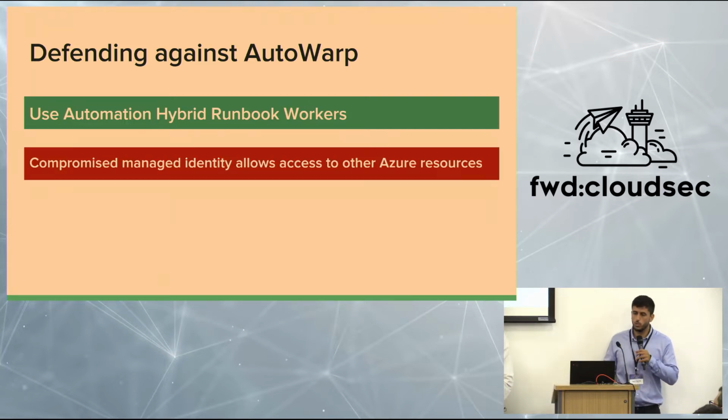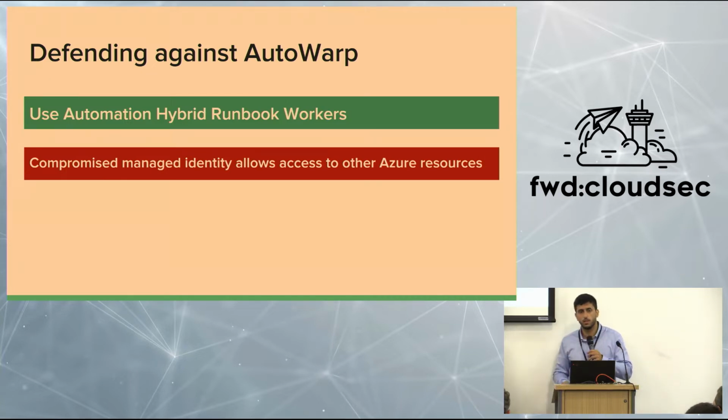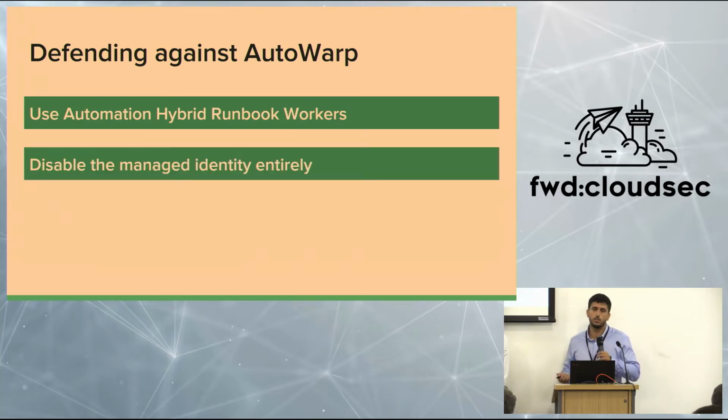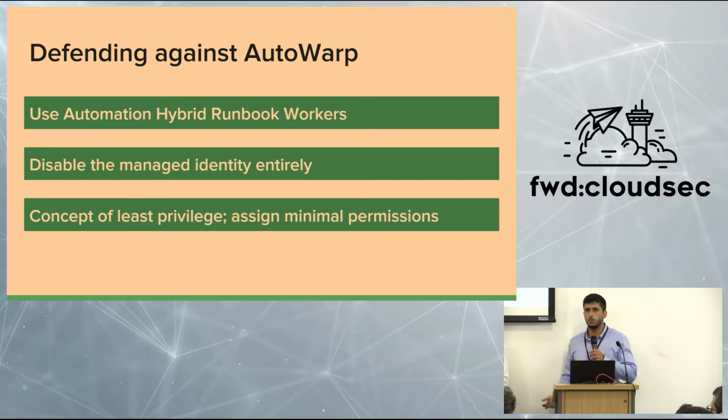The next problem, which is actually a feature, is that managed identities allow access to other Azure resources. But when you think about it, if you don't need the managed identity, you can simply disable it. If you disable that, I will not be able to receive any token for your account, and this will not be a problem. But if you need to use it, obviously sometimes you will, you should apply the concept of least privilege.